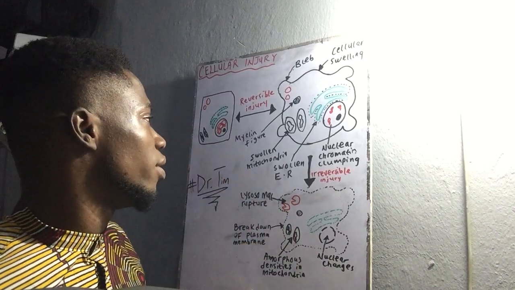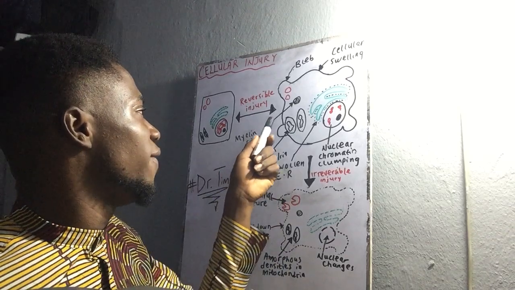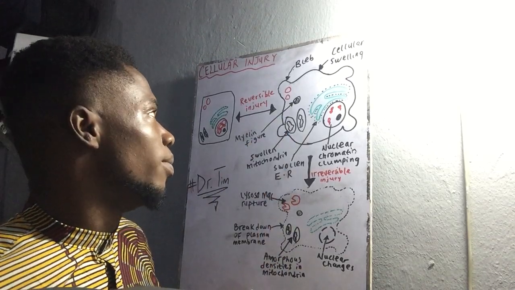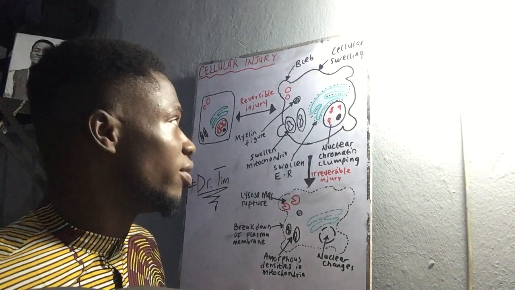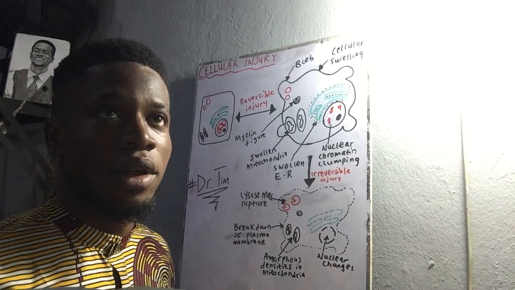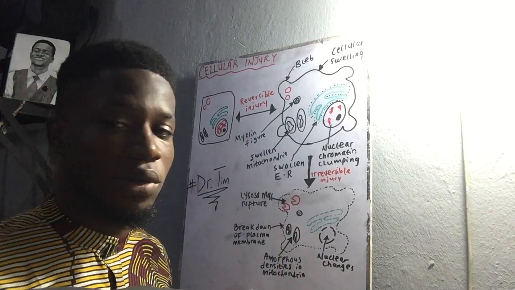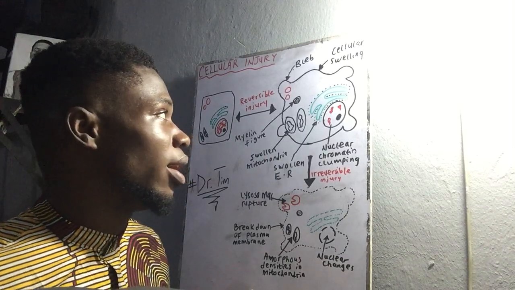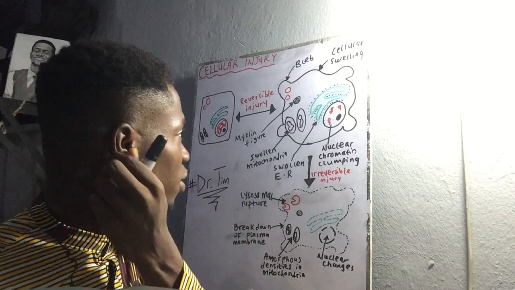So swollen mitochondria. Then there will be something else, a myelin figure, that will appear in a cell that's undergone the reversible stage of cellular injury. This myelin figure comes from degenerating cellular components like the endoplasmic reticulum. When it begins to degrade, this myelin figure will form.